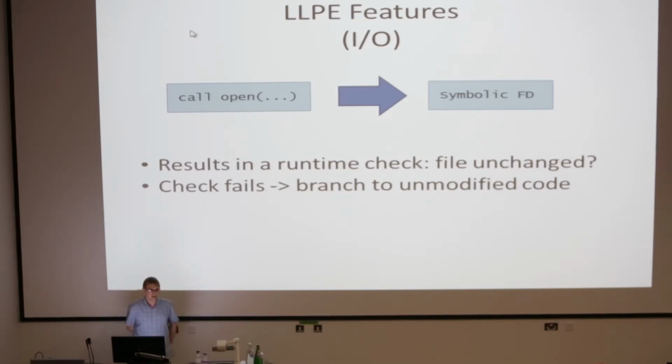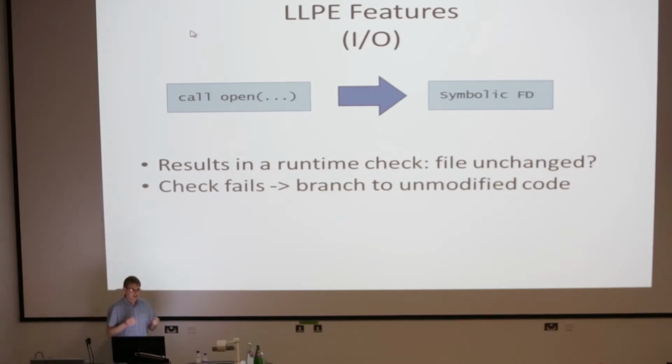As with anything in LLPE that might fail, this entails duplicating some code to take care of the case where your expectation turns out to be false. So here the potential failure case is, of course, that I ran my specializer, it read data from a file, then you modified the file, then you ran the specialized program. Of course, that's going to go wrong if we don't make some checks to ensure that the file actually is as we expect it to be.